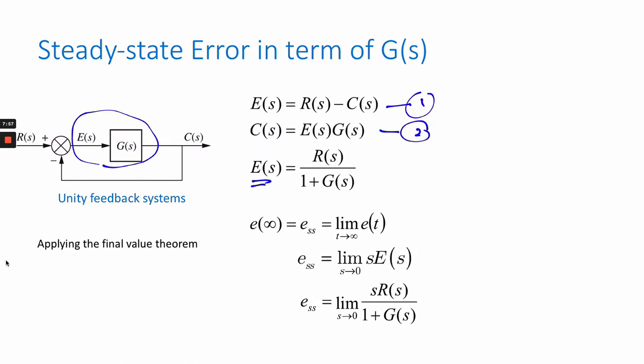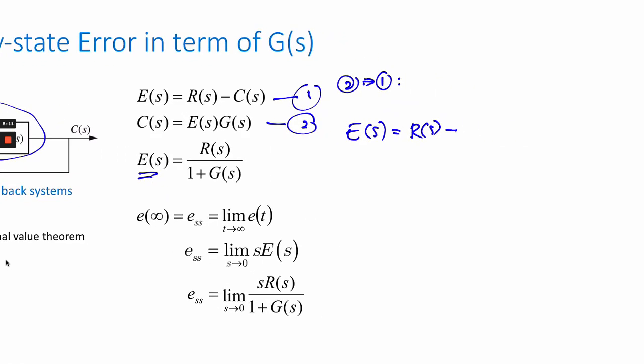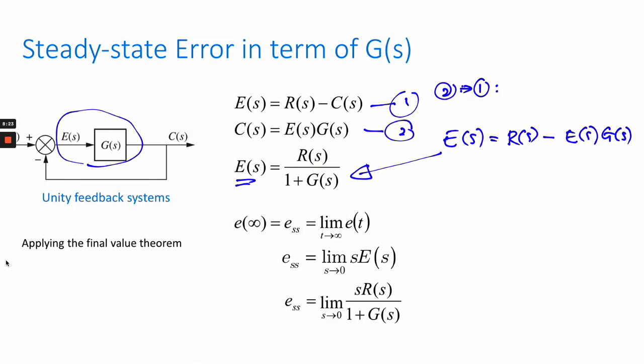We put equation 2 into equation 1, where we will have E(s) equals R(s) minus C(s), and C(s) is actually E(s)G(s). Then you can rearrange the equation to get E(s) equals R(s) over 1 plus G(s).